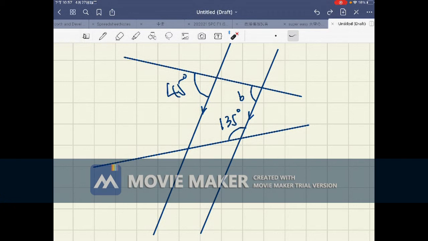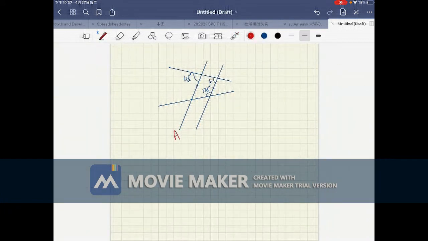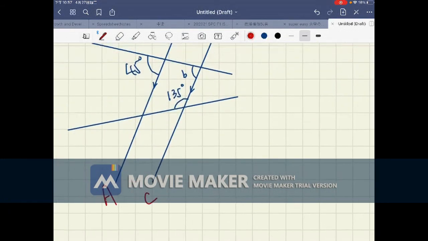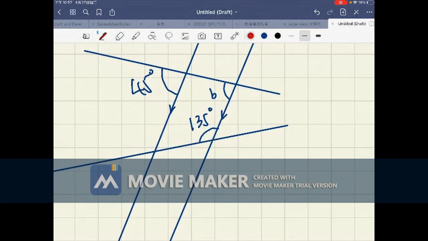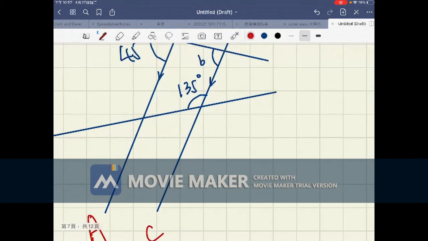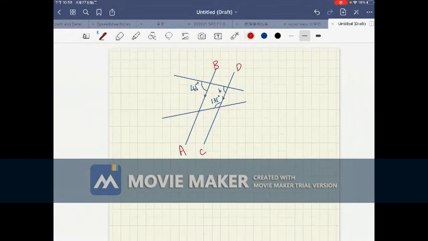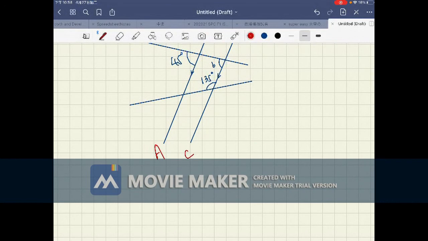So we need to use the way about 45 degrees. Since we add back these two, AB and CD are parallel lines. So actually B equals 45. Although it seems to be the same, it should be a coincidence. We cannot get the result in other situations.